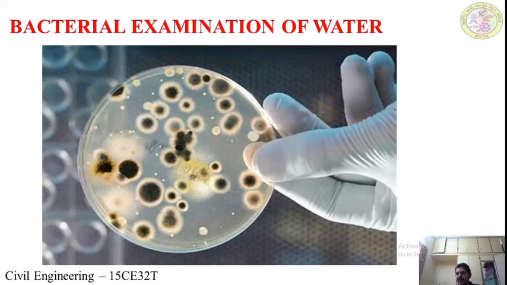They act upon the organic compounds present in the water, such as decayed vegetation, and convert this organic matter into simpler substances. Bacteria which require oxygen for their survival are called aerobic bacteria. Some of the bacteria do not require oxygen for their survival, and such bacteria are called anaerobic bacteria.